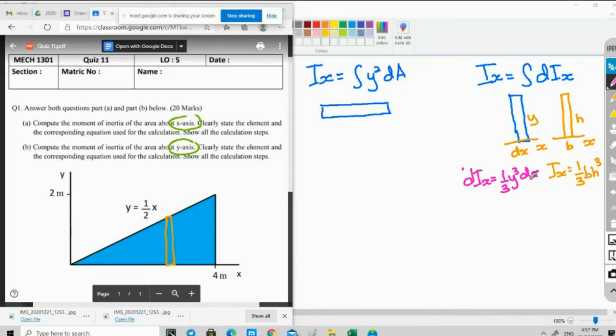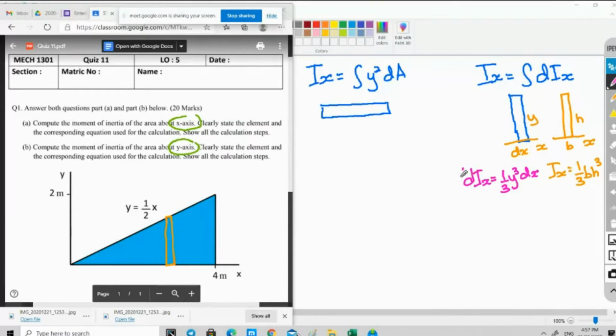Basically, we just rearrange, it's like h cubed b becomes y cubed dx. So we get the differential moment of inertia of that element.